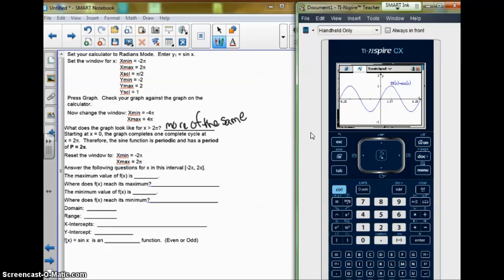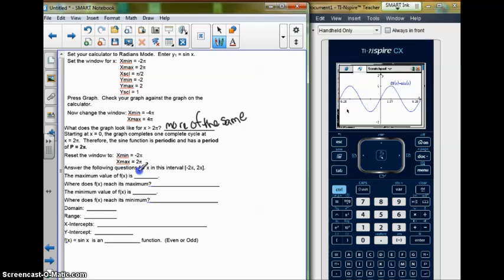Okay. All right, so now we're back to the original graph. All right, answer the following questions for x in this interval from negative 2 pi to 2 pi. So the maximum value of f of x is what? Well, f of x is here on our y-axis, and so the maximum value is 1.